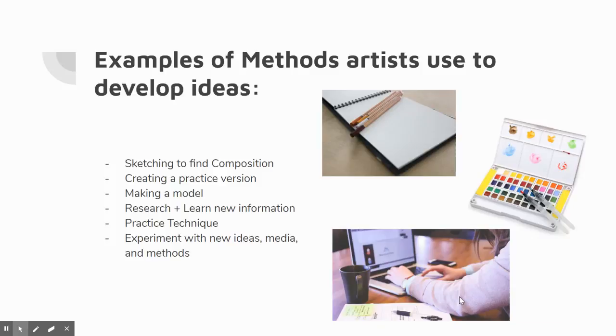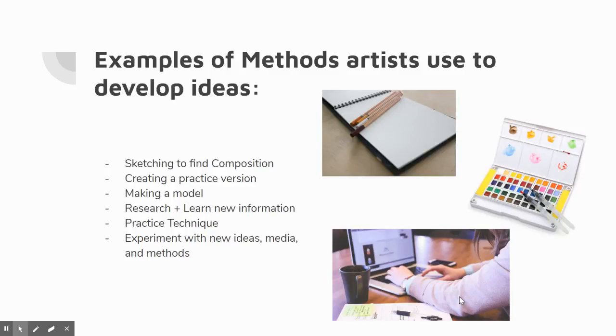So the next way that we can develop ideas is to incorporate our research and to learn new information. So if we're continuing to develop our ideas about our project, let's go back to our Van Gogh example from number 1.